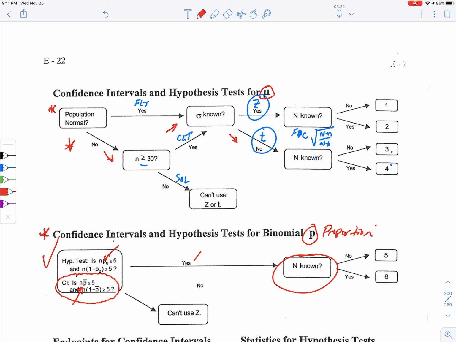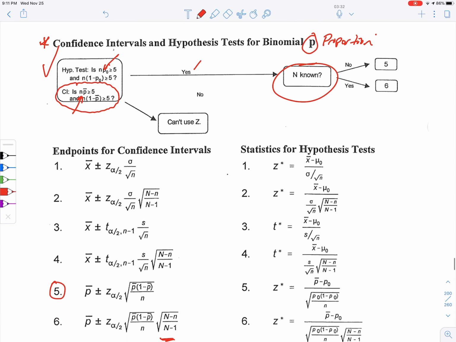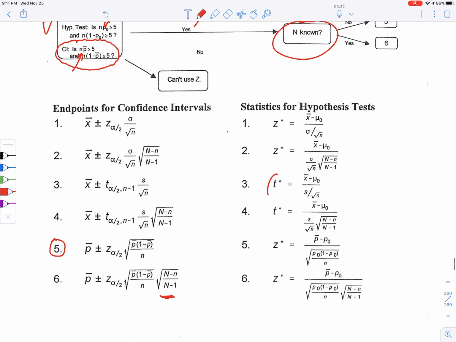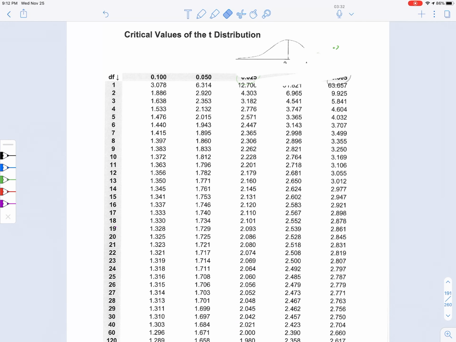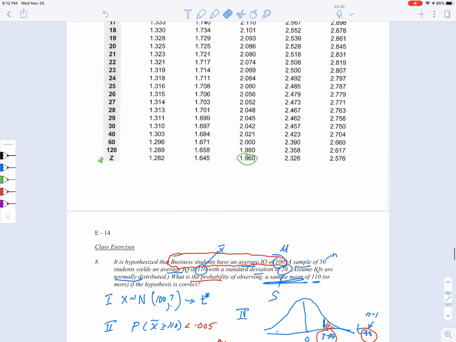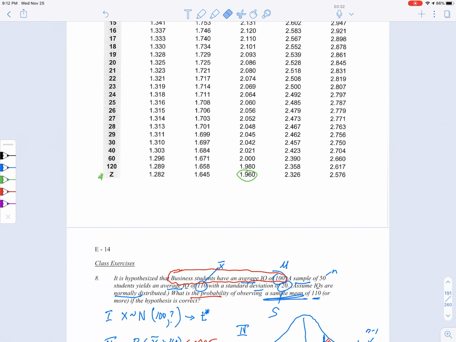Is sigma known? No. So we have to use S, and that means we use a t-distribution. So we come down here. Is capital N known? No, it didn't say anything about the population. So that means we're using formula number 3, which is right here. So let's take a look at 143 degrees of freedom down here.